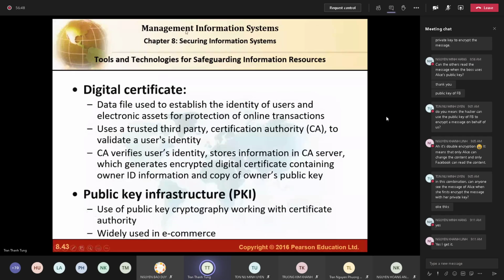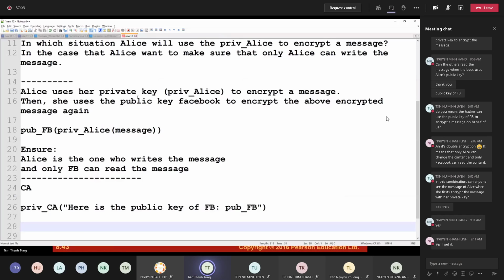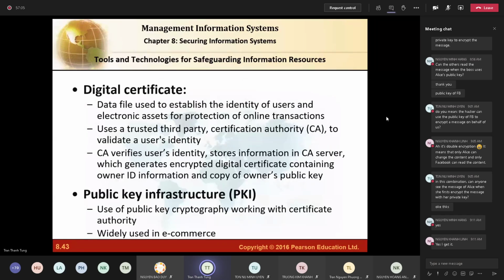So the CA can verify the user identities, store information about the user on the server, and generate the certificate. The certificate is something like this: the public key of Facebook. We call this the public key infrastructure.